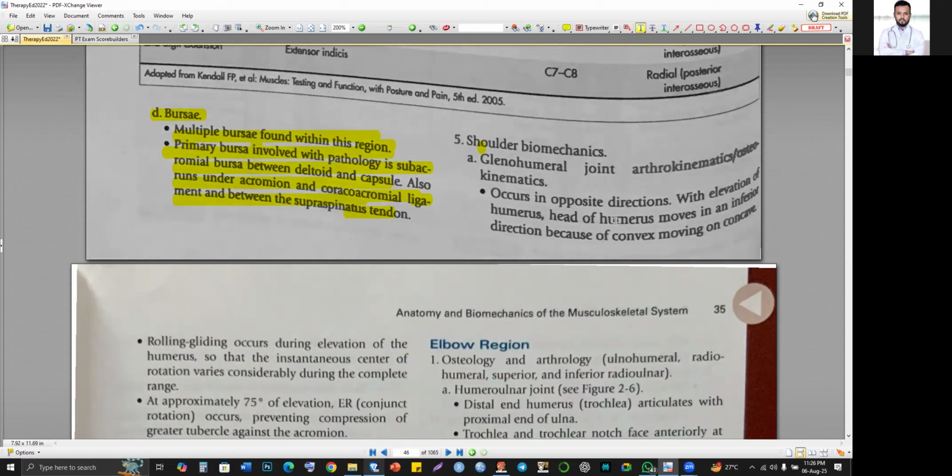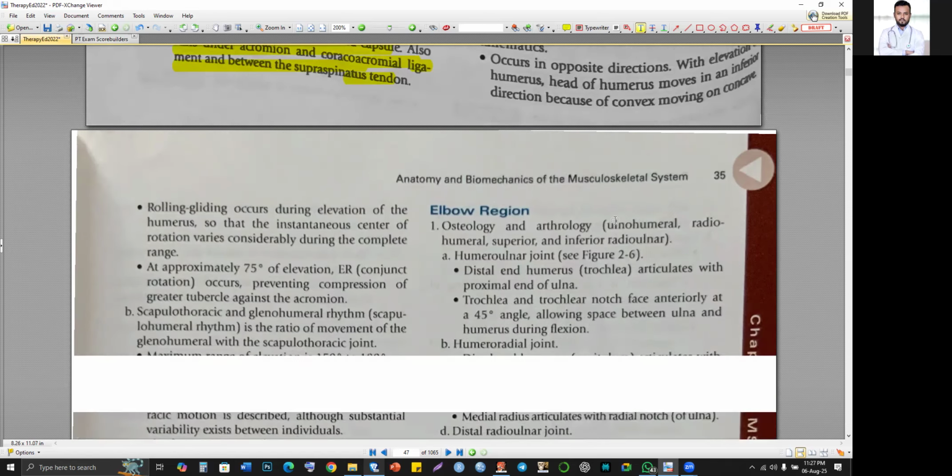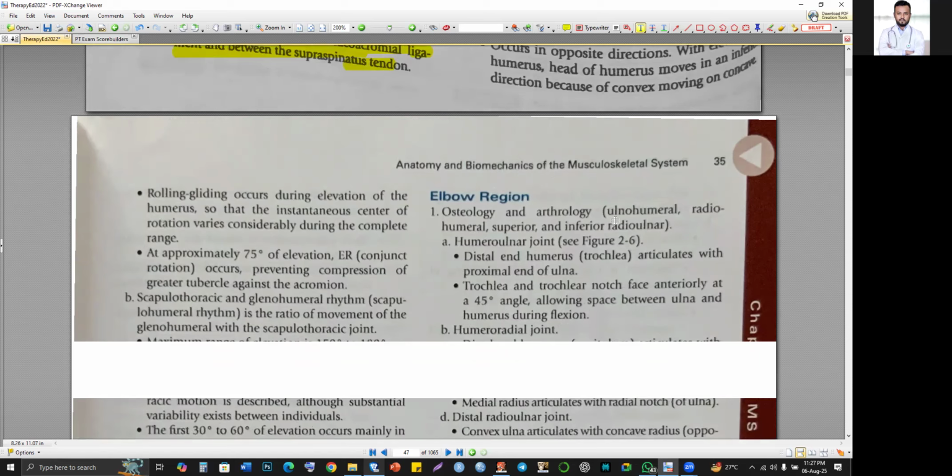So there we had understood that the glenohumeral joint, the glenoid fossa is the kind of concave surface and the humeral head is convex. So the rule of this convex, concave, occurs in opposite direction with elevation of humerus, head of the humerus moves in an inferior direction because of convex moving on the concave. We had already understood this thing before in the prior lesson.